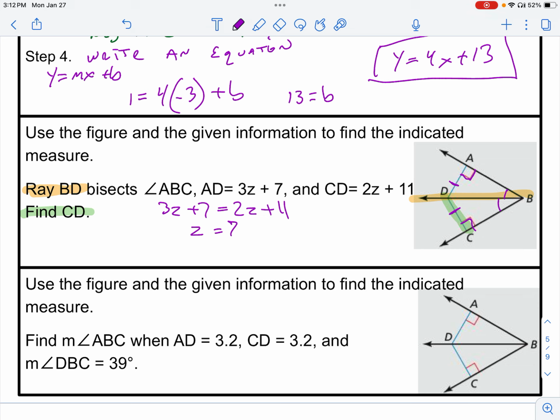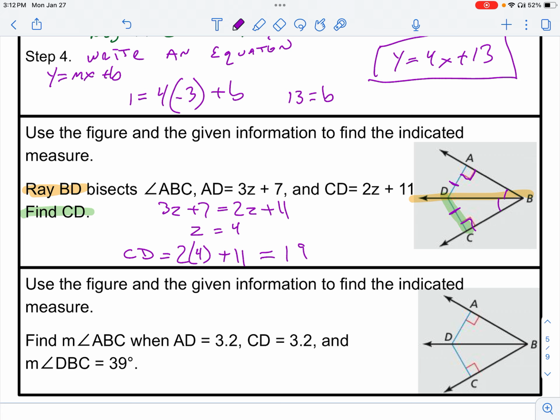For CD, 2 times 7 plus 11. Oh, sorry, it's 4. What was I thinking? Let's fix that one too. That's why we take our time.